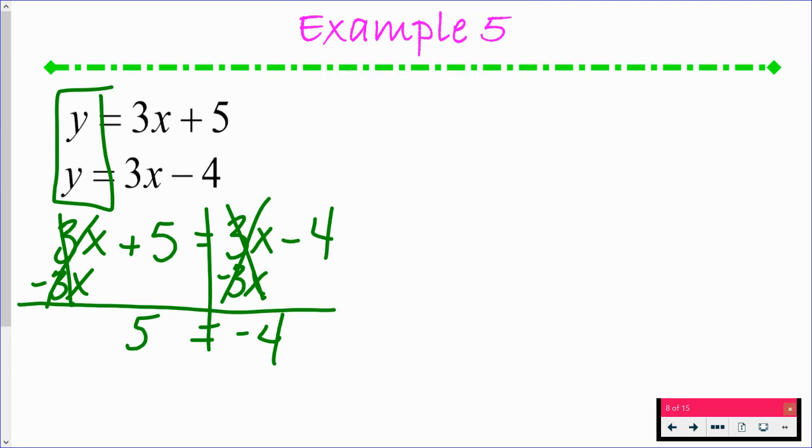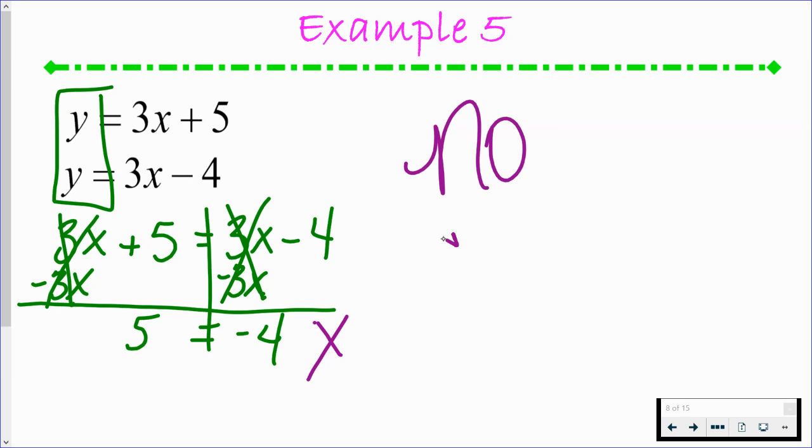So if the variables cancel out and you're left with not a true statement, so is 5 equal to negative 4? No way. So in this scenario, when the variables cancel out and you're left with not a true statement, then it is no solution.